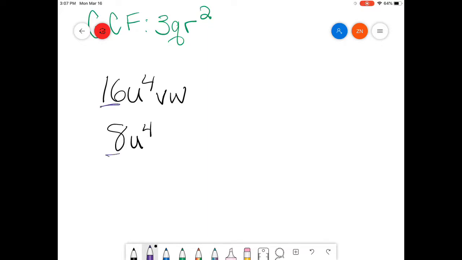All right, the numbers 16 and 8. 16 goes into 8, 8 times 2, right? 8 can be broken apart into 4 times 2, and 4 can be broken apart into 2 times 2. So really what I can write is just a bunch of 2's to get 16. Times 2, times 2, times 2.